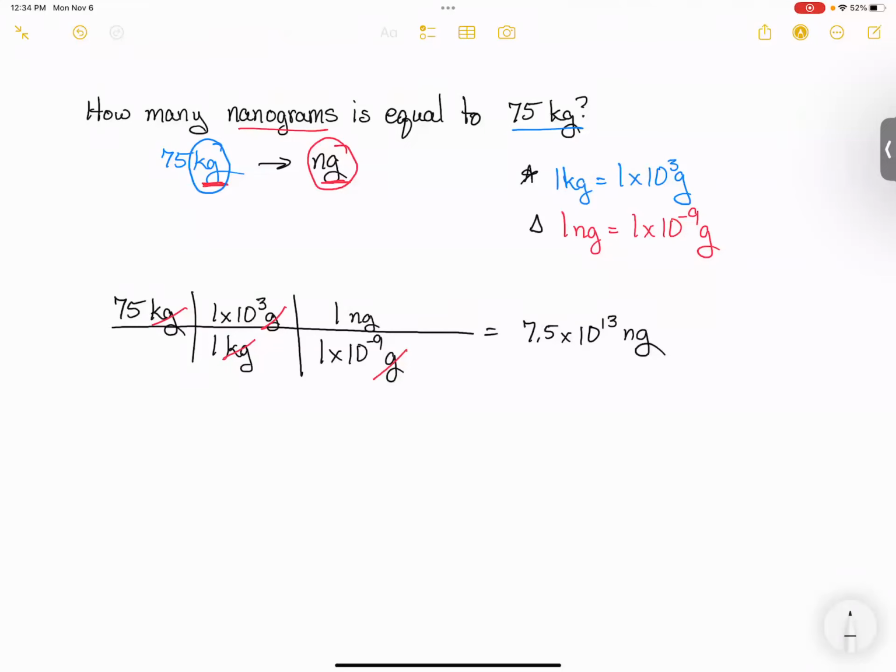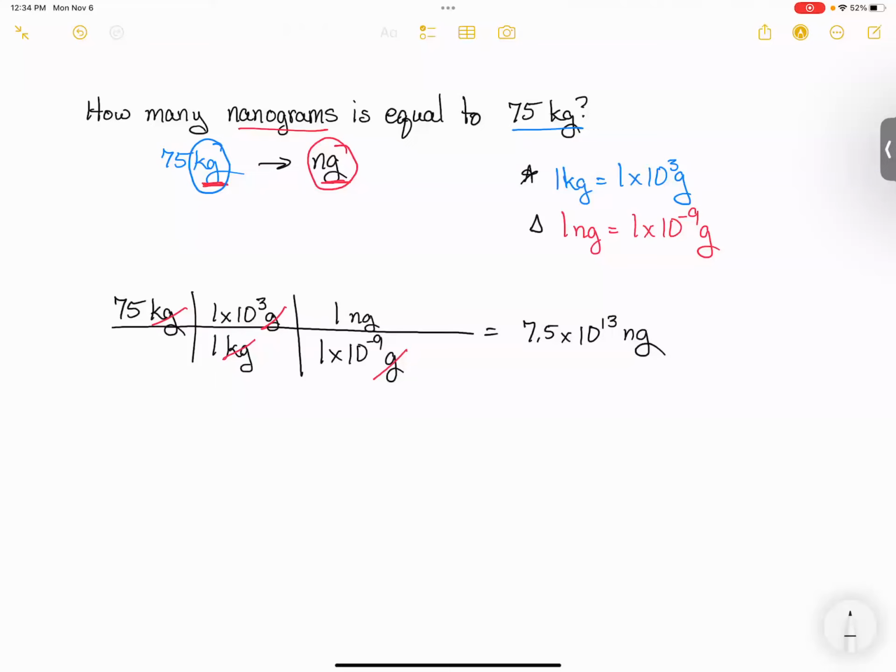How do you know when you need to put the 1 times whatever extra on top of it? It all is based off of what unit I want to get rid of. So I'm not focused on the number. I'm focused on the unit. In this first one, I had started with kilograms.